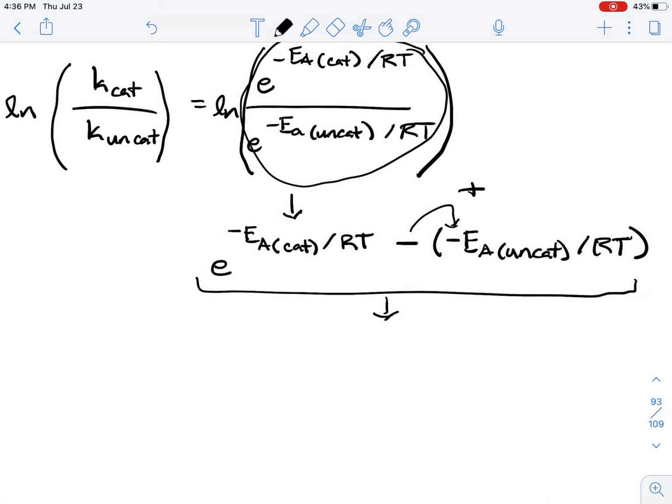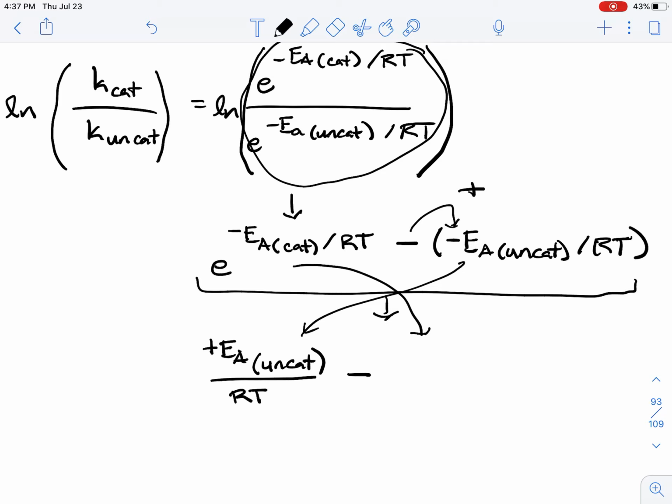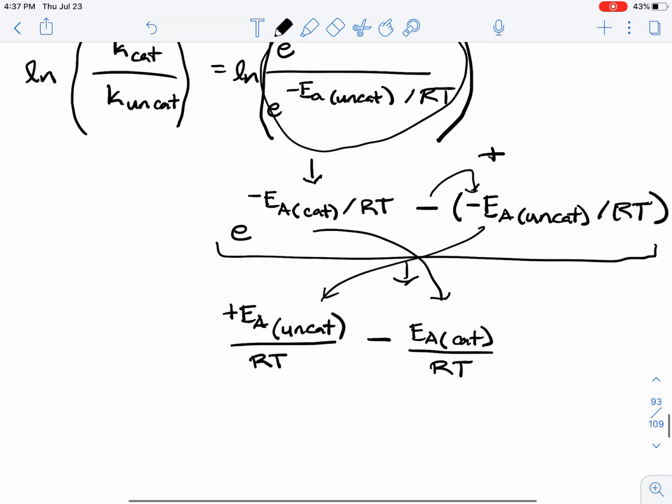So basically I have positive EA of the uncatalyzed reaction over RT minus, and so I'm basically switching them, EA of the catalyzed reaction over RT.